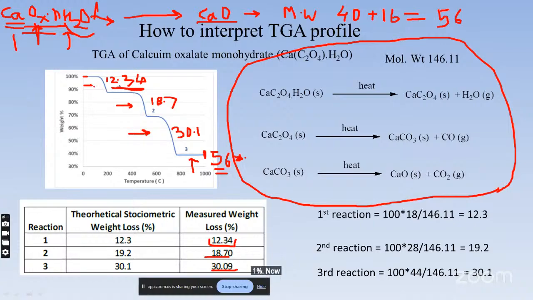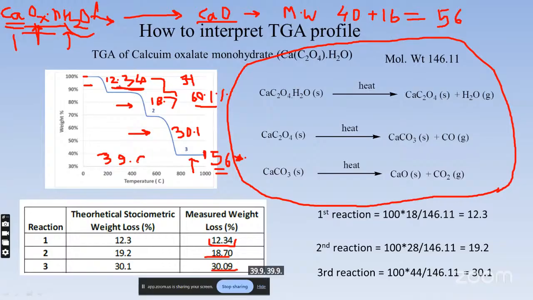Now you have to add these three. 12.3 plus 18.7 is 31, and 31 plus 30 gives a total of 60.1% loss. What is the remaining weight? 39.9%.